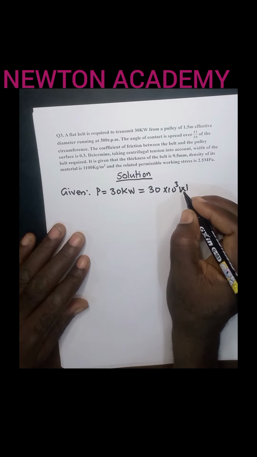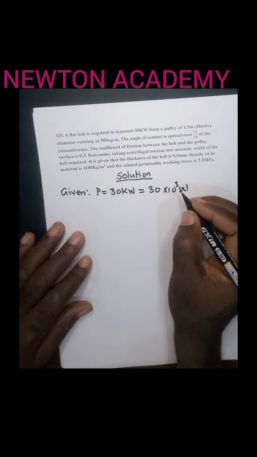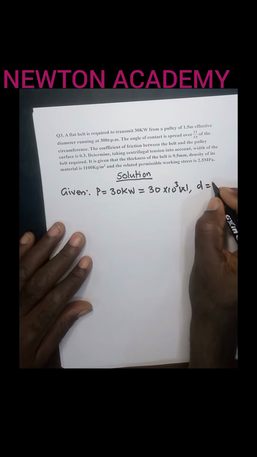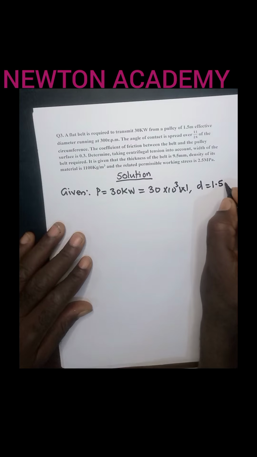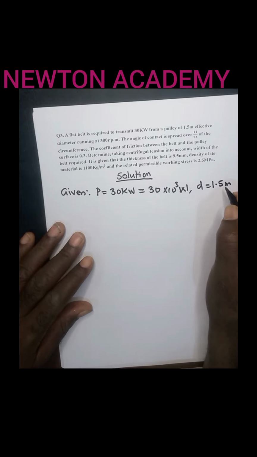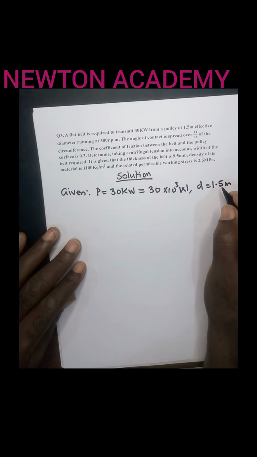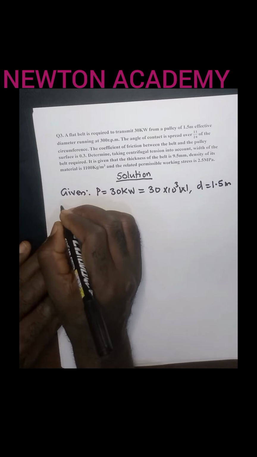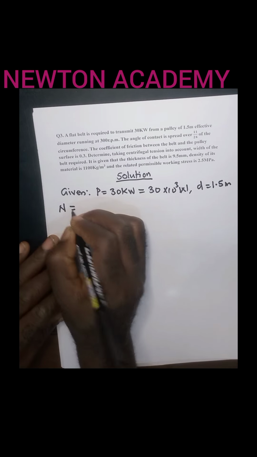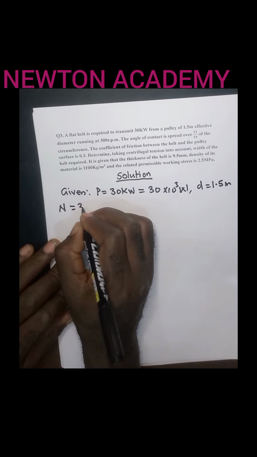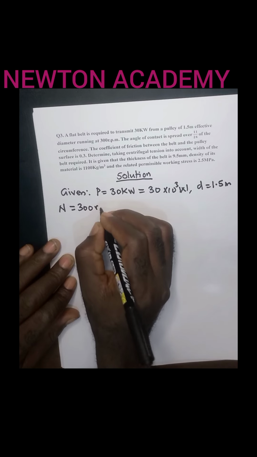We are also given the effective diameter of the pulley, D, which is equal to 1.5 meter. We are also given the speed of rotation of the pulley, which is 300 RPM.